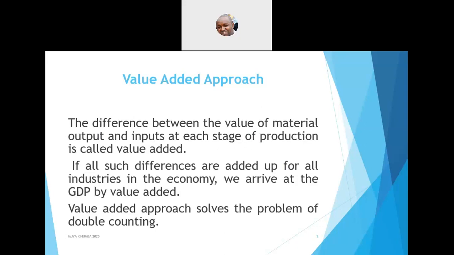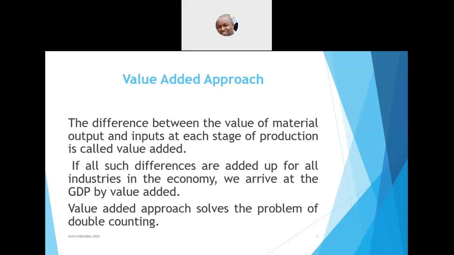When value added by each and every individual firm is summed up, we get the value of national income through the value added approach. In this context, therefore, value added refers to the addition of value to the raw material, that is intermediate goods, by a firm by virtue of its productive activities.